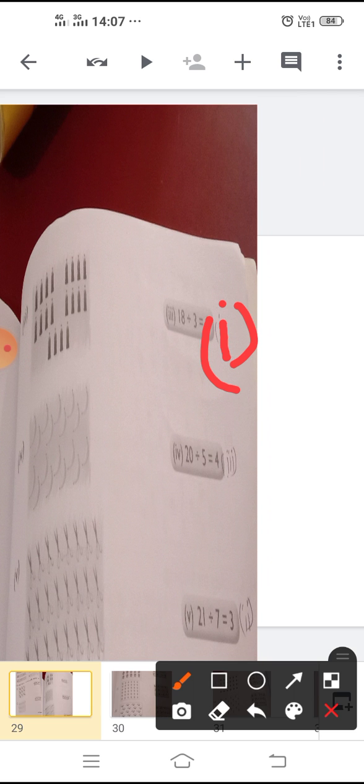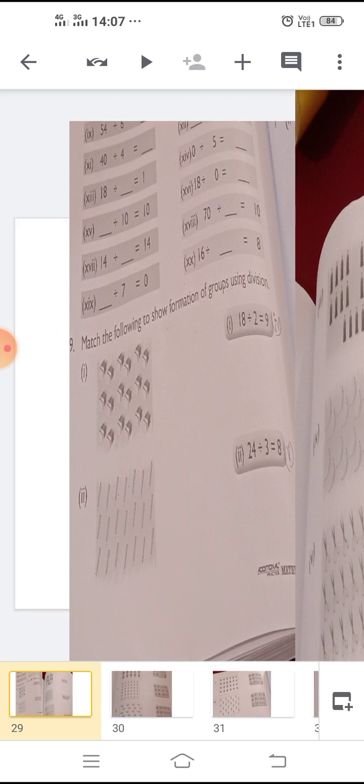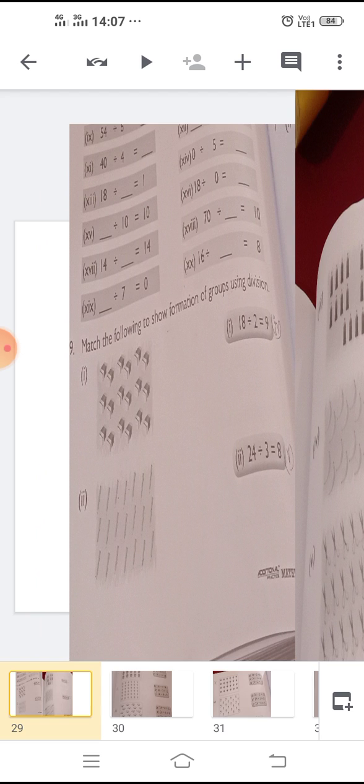Now second, you can see pencils were there. The number of pencils is 21, and in each group it is 3. And the total number of groups is 7.